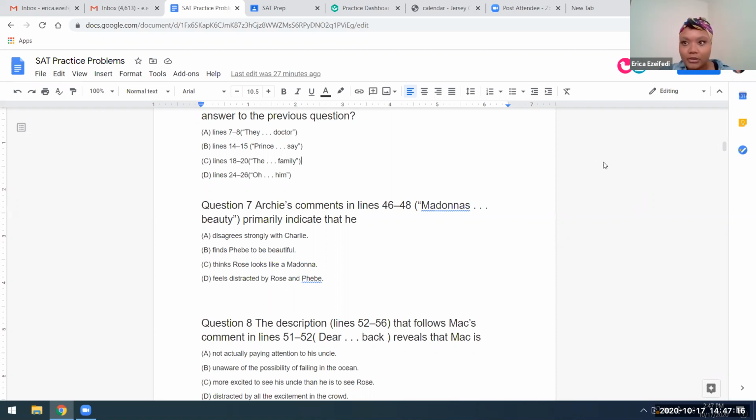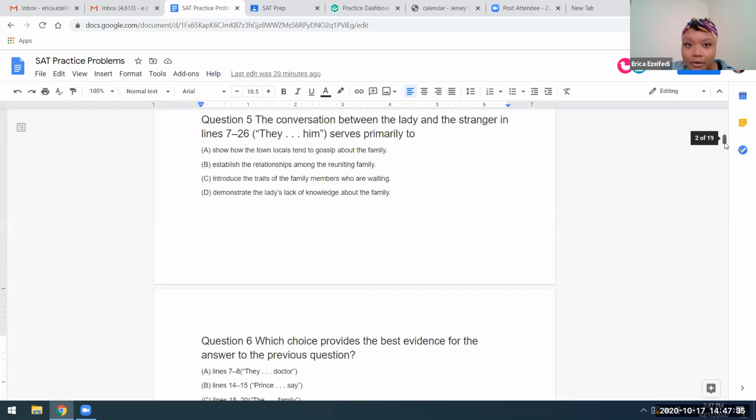Question 7, we're looking at lines 46 through 48. Just going to zoom up very quickly.